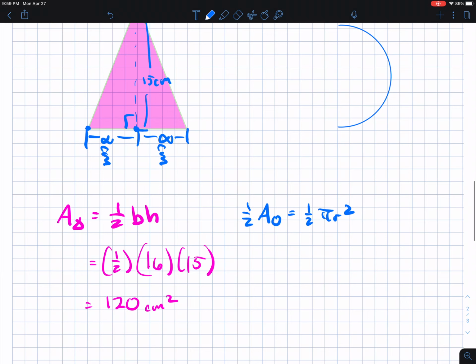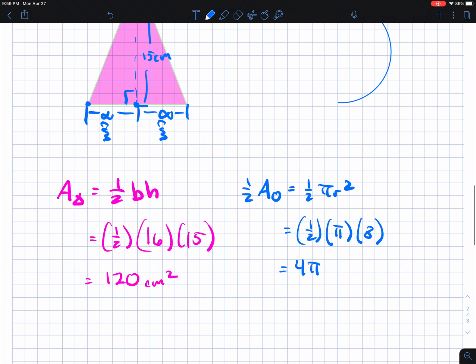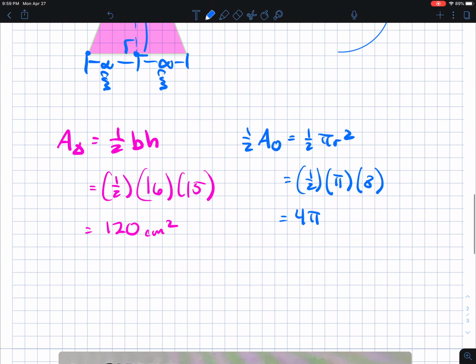So that's going to be 1/2 times 3.14, and the radius of the circle is 8 centimeters, right? So 4 pi is the exact amount. Then we just add the areas of the two basic shapes together. So the exact answer would be 120 plus 4 pi centimeters squared.